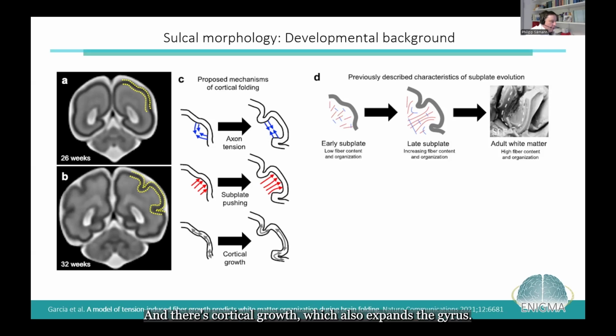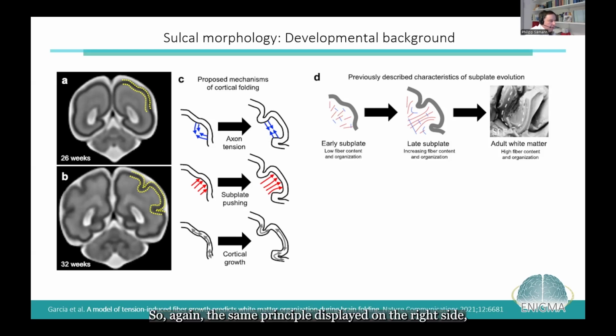And there's cortical growth, which also expands the gyrus and creates mechanical forces that foster the generation of sulci and gyri.